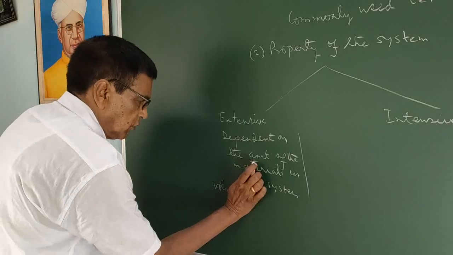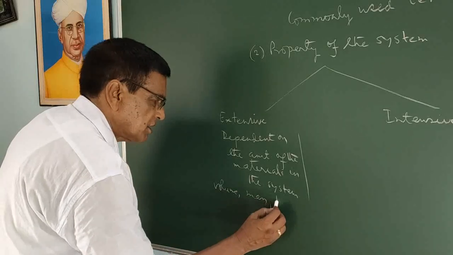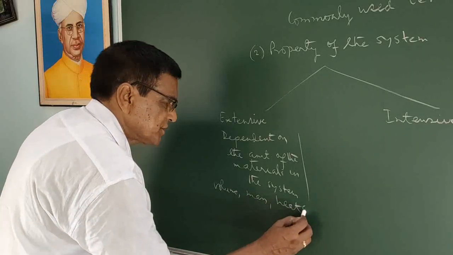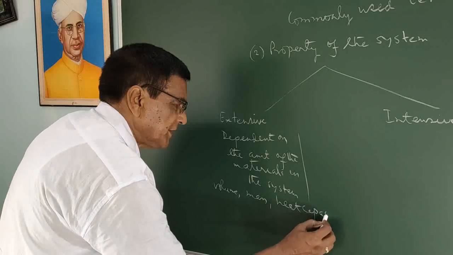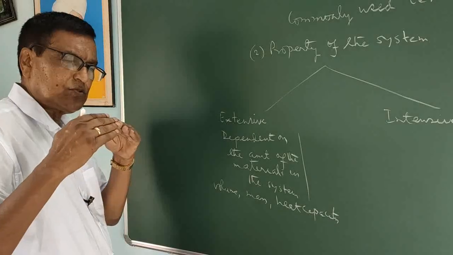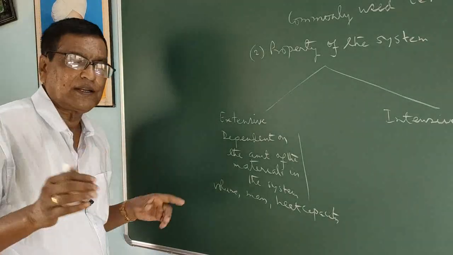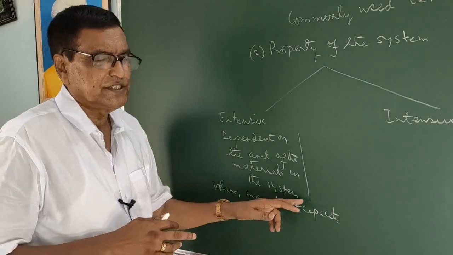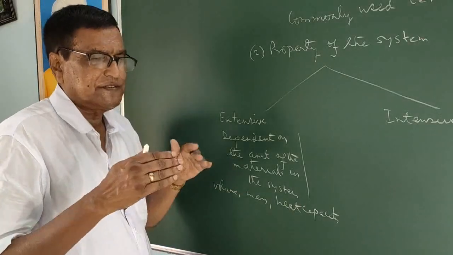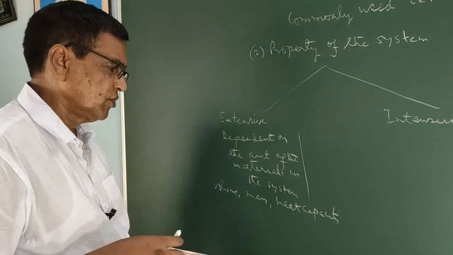Suppose volume, mass, heat capacity. Heat capacity means amount of heat required to increase the temperature of the substance by 1 degree. If the amount of the substance is increased, then heat capacity of that substance will also increase.